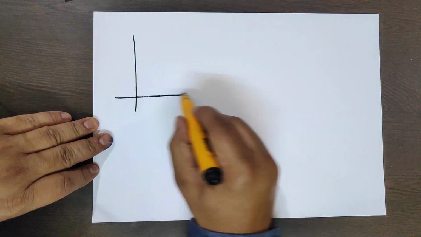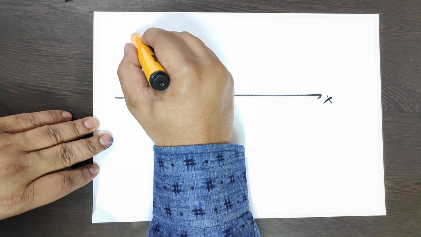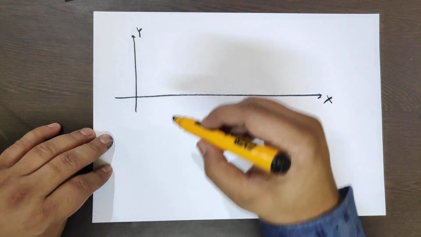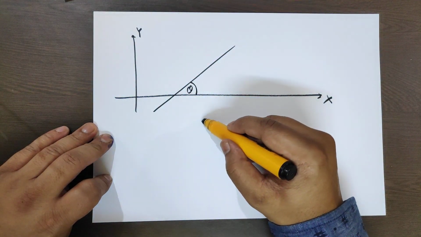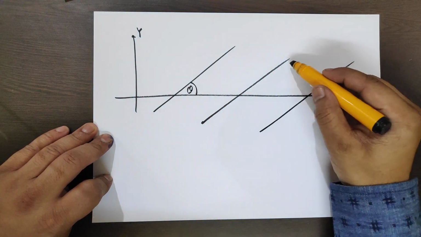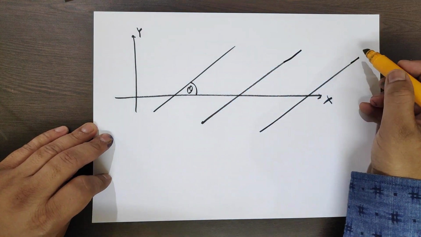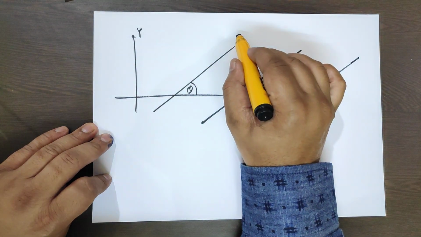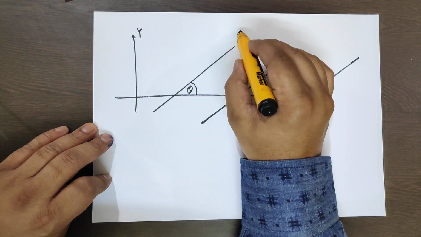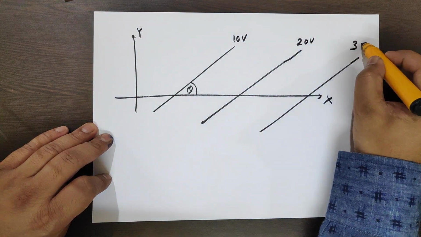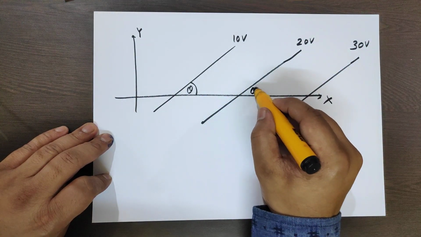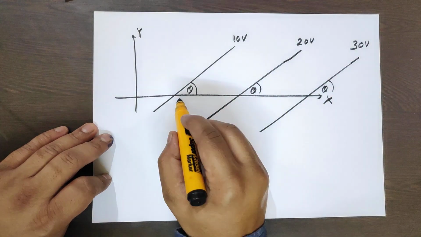So you can have equipotential surfaces like this, say the xy plane, and say this makes angle theta. These are the equipotential surfaces, and the potentials are, suppose, say this is 10 volt, this happens to be 20 volt, this happens to be 30 volt, and all these angles are theta.